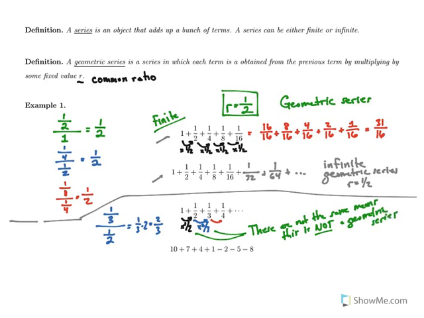There is not a common ratio between each term. In the first one, it's always multiplying by 1/2 to get from one term to the next. Here it changes depending on what term you're talking about, which means this is not a geometric series. This is not going to be the series that we're going to be talking about in this chapter. This is a special series. It's something called the harmonic series. But again, it's not going to be geometric, and we're not going to focus on it in this class.